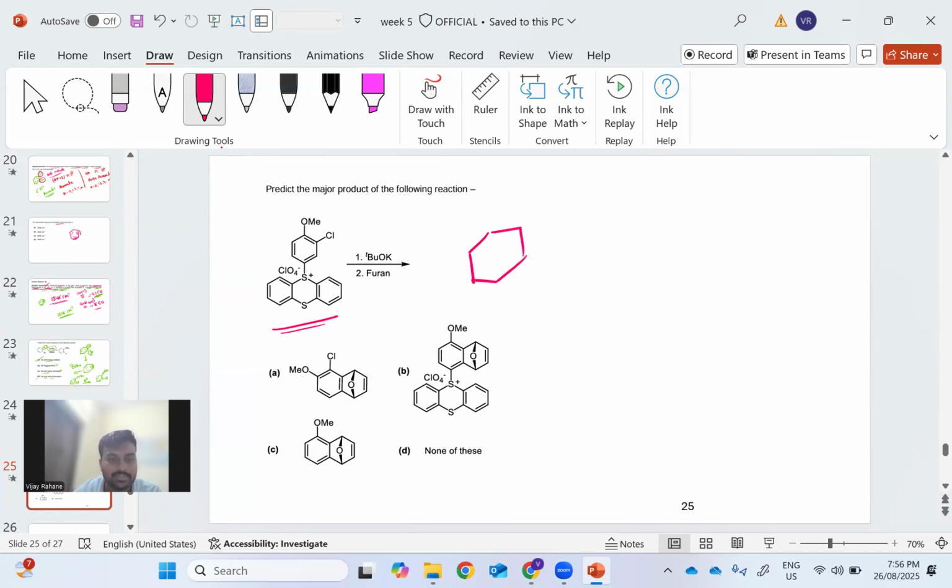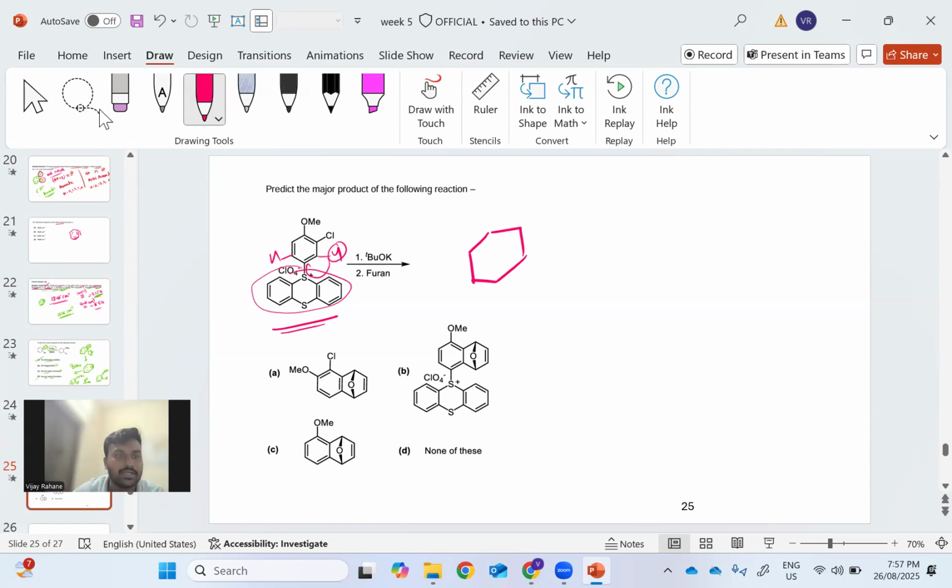This S is positively charged. Either this proton or this proton might be abstracted. Once they abstract the proton, this goes here, and this entire group will be eliminated. So that's how the reaction might go.